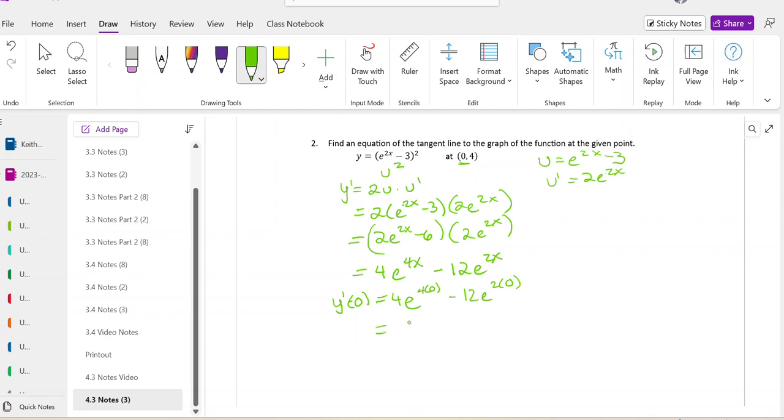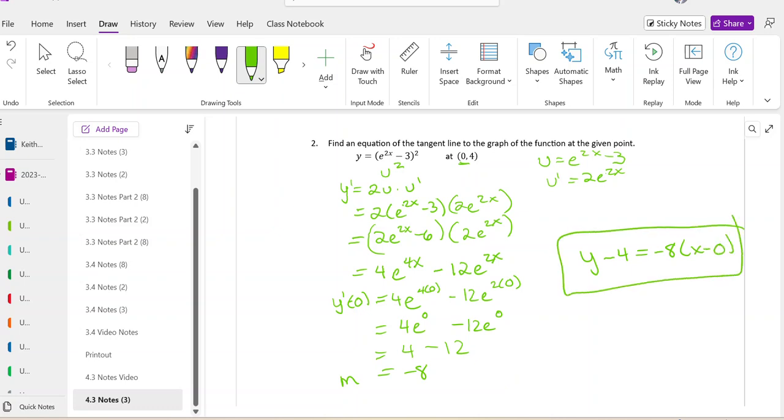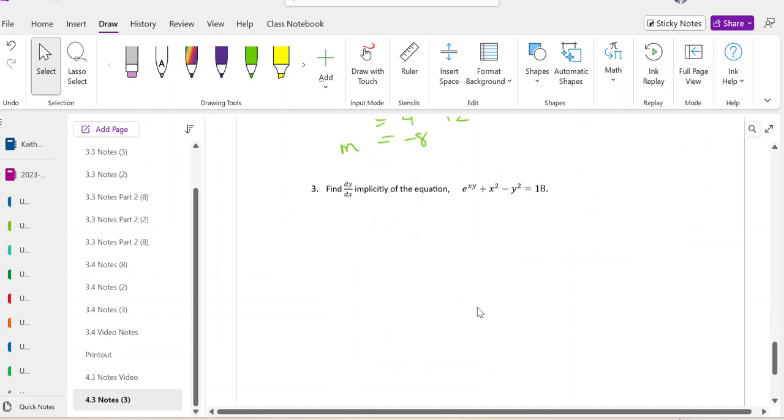So basically, it's going to be 4e to the 0 minus 12e to the 0. Well, remember, e to the 0 is 1, so 4 minus 12 is equal to negative 8. So that is the slope. So if you go y minus 4 equals negative 8 times x minus 0, that is your equation of the tangent line.